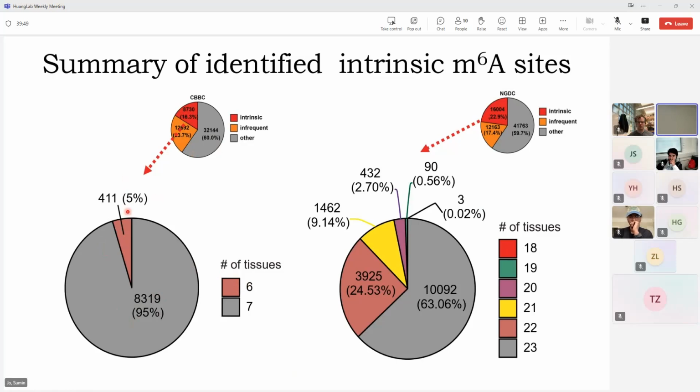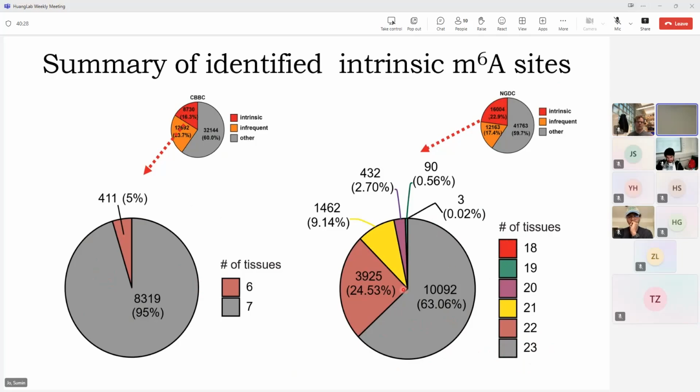I believe this 5% is mainly due to the sample quality of a couple of samples that have low coverage and so on. In the NGDC dataset, we also saw that 63% of these intrinsic sites, or let's say significantly shared m6A sites, with FDR less than 0.01, overlapped across all 23 different tissue types, and the minimum was 18 different types.